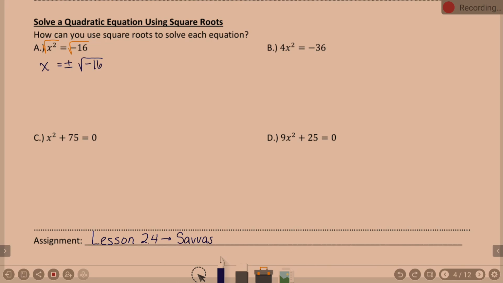Now, we did this yesterday. Yes? And what do you know about the square root of negative 16? No real solution. No. What can we take negative 16 and break it into to help us see the pieces? 4 and 4. Well, 16 has a perfect square, yes?